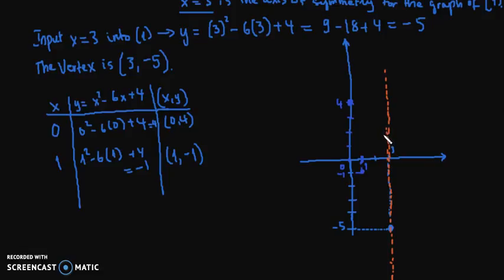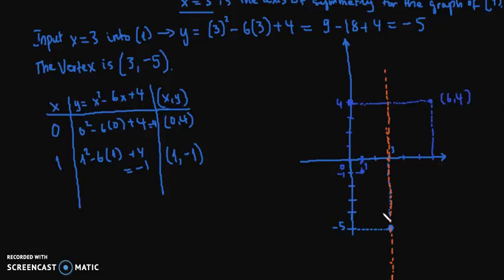So we also need to reflect across the axis of symmetry. From the axis of symmetry at 3, going 4, 5, 6, that's 3 units. So we also have to reflect 3 units, which means this point would be (6, 4).